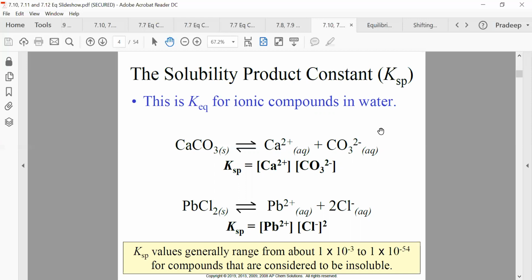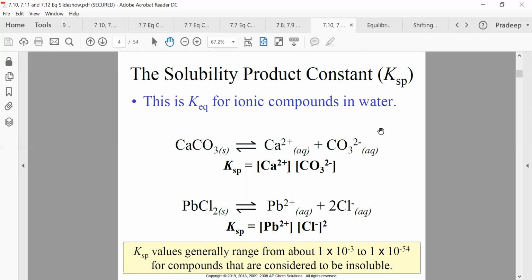All right. So how do we calculate KSP? KSP is calculated by taking the products over the reactants, just like KP or KC, or any equilibrium constant.